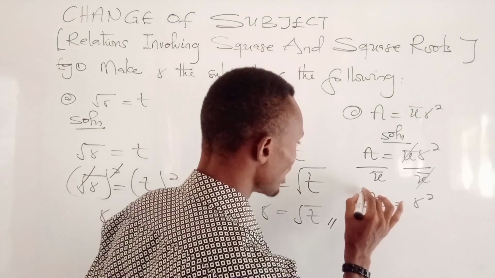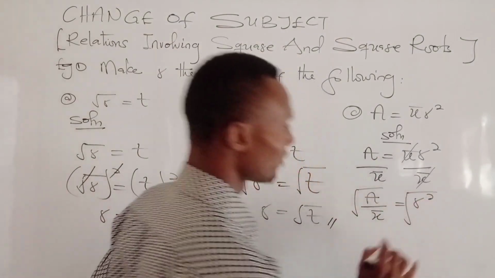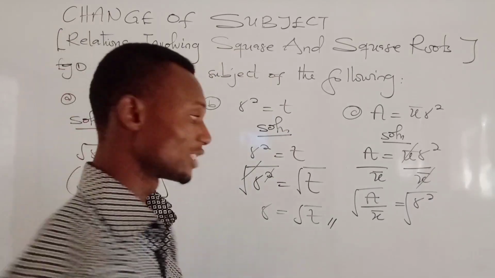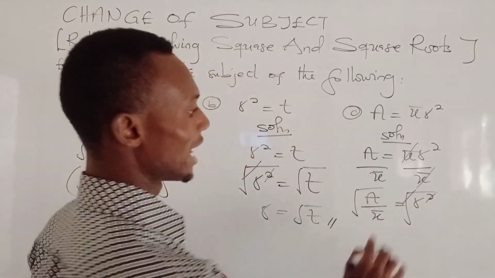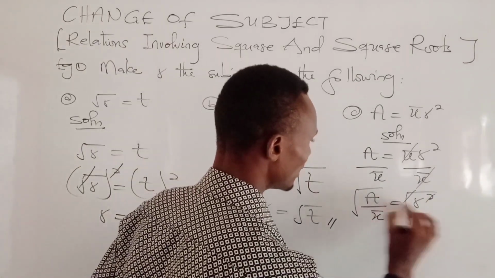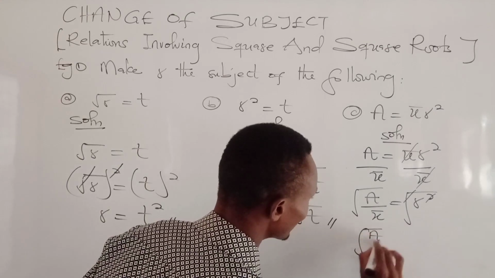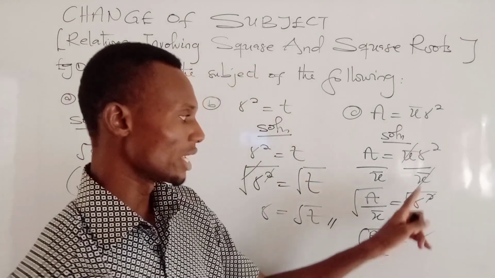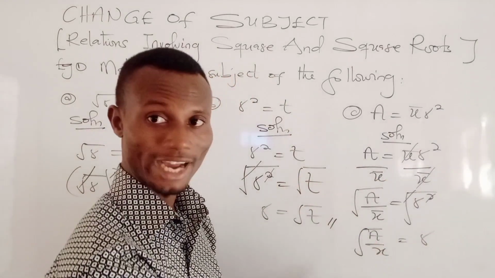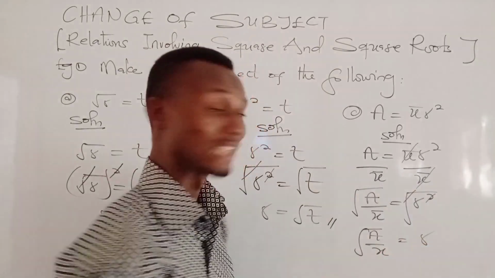So I'm going to take the square root of this side, and also the square root of this side as well, so that this power 2 will cancel the square root sign away.